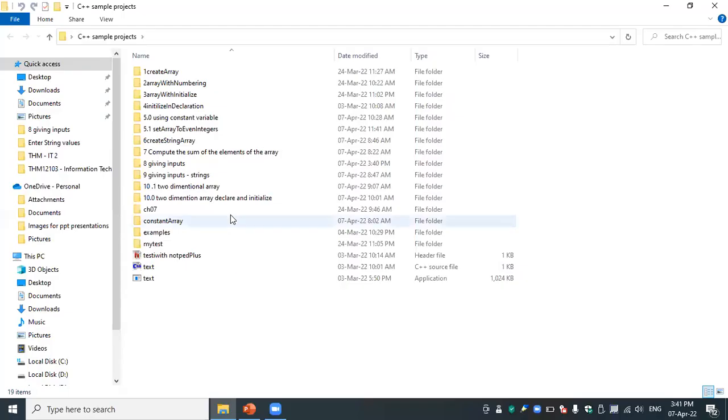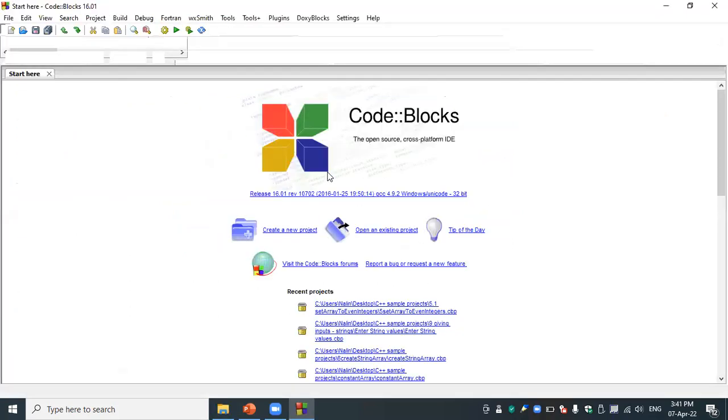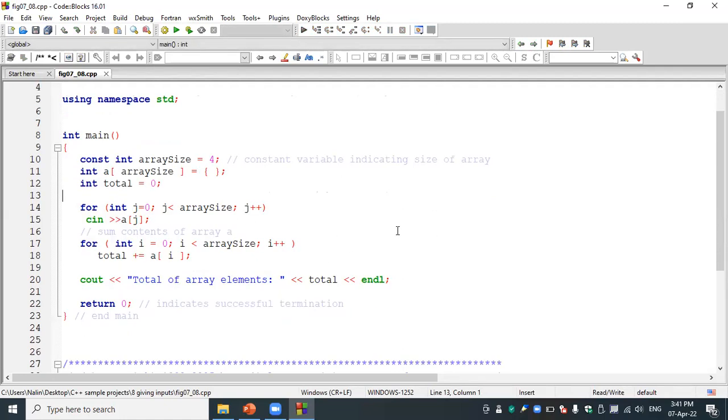If I show it again, because I had paused the recording, I am going to show it again. Okay, this is an application. This is a computer application written in C++. C++ is a programming language. By using the C++ programming language, I have written this one.